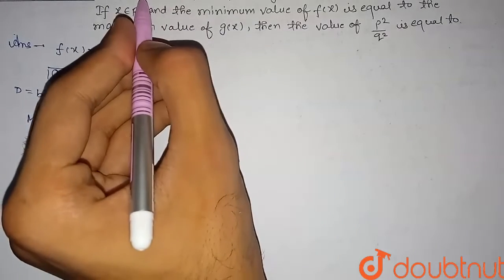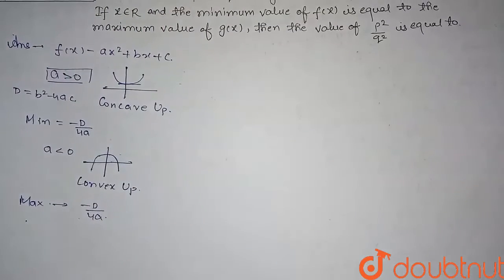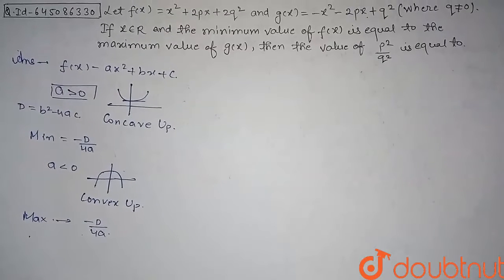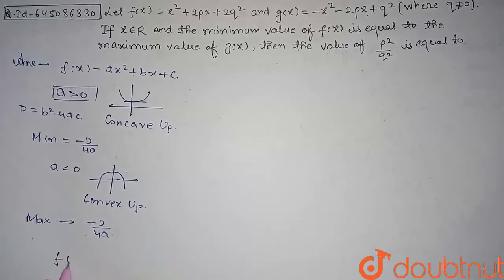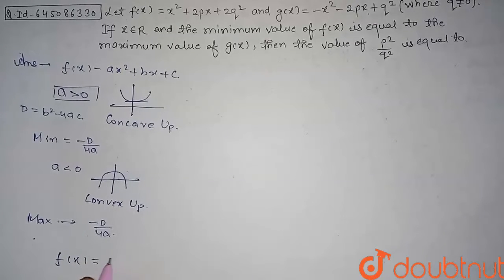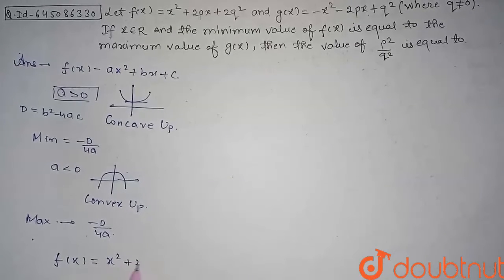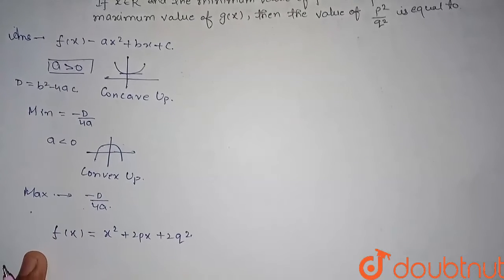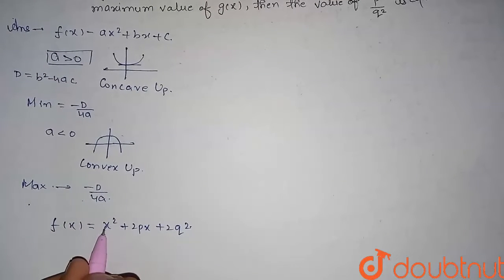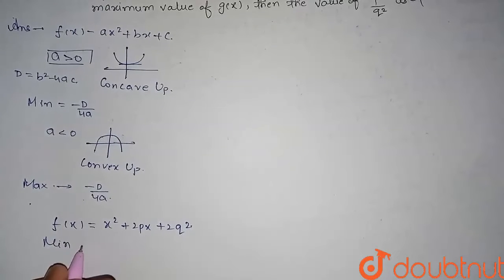So considering our first expression, f(x) is given as x square plus 2px plus 2q square. For this expression, a is positive, because the coefficient of x square is positive, so the minimum value will be minus D upon 4a.